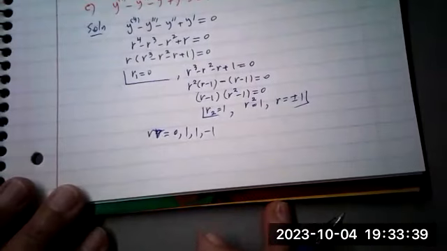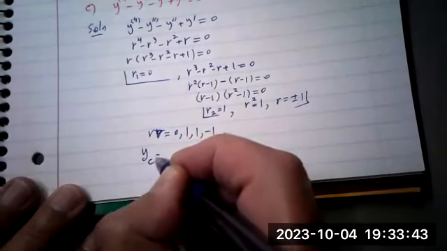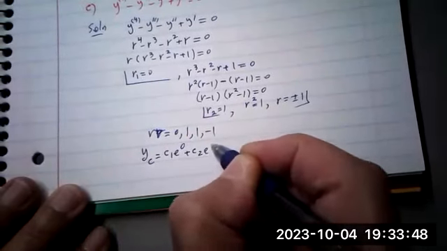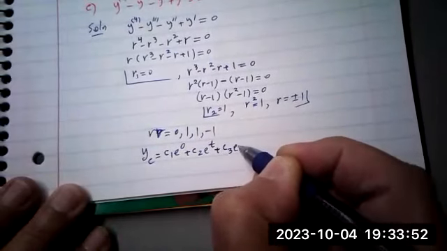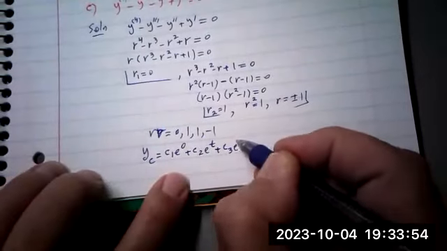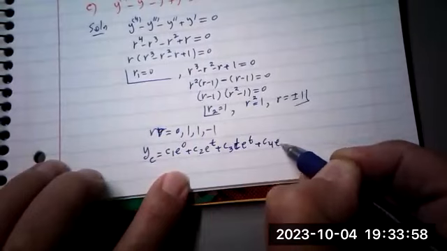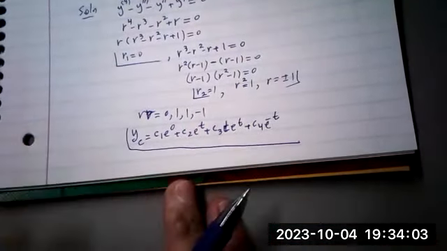Okay, so get the YC. YC is equal to C1 e to the 0, C2 e to the t, right? It's repeated. C3 t e to the t, and C4 e to the negative t. So that would be your YC in this case.